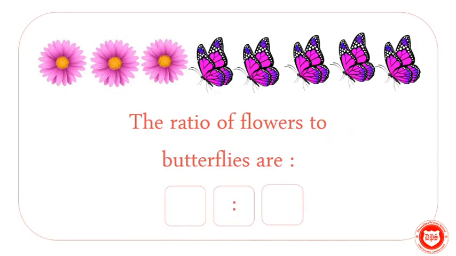Kids, what can you see from this slide? Can you see beautiful flowers and butterflies here? And now can you count how many flowers and butterflies there are? I will give you a few seconds for this.